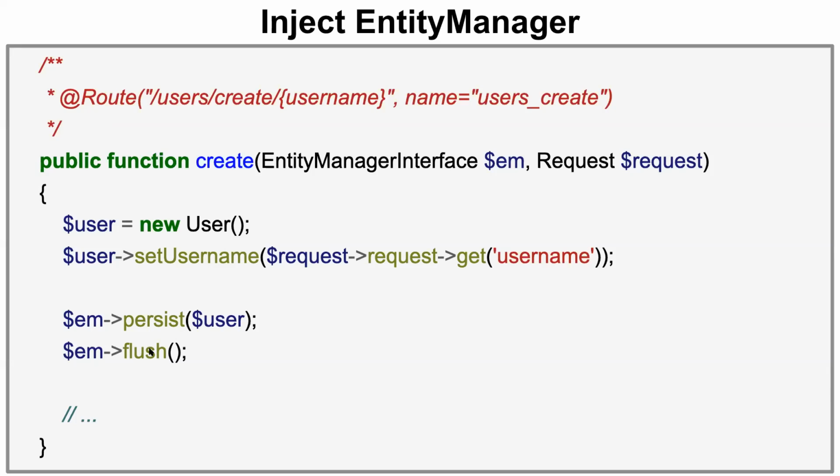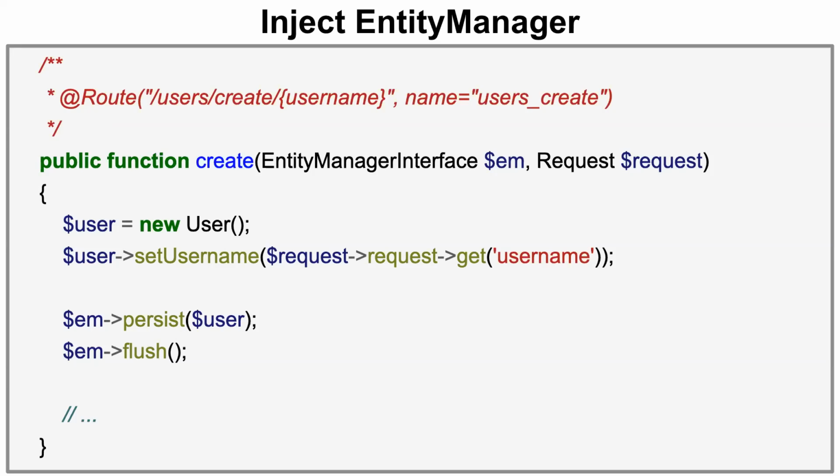And then when you call flush, Doctrine internally looks at all of the entities that it knows about, and it analyzes them. And it says, this is an object that I knew about before. Let's see if there are any properties that have values that have changed since I was first introduced to this object.